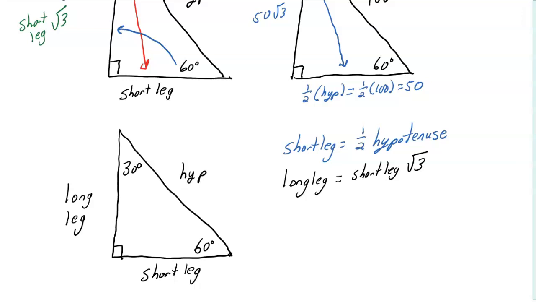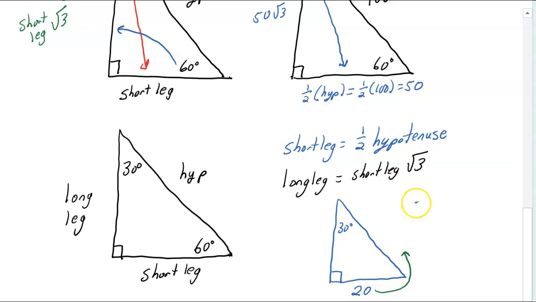Some people will also say, well, what if I was given the short leg? So if I tell you that the short leg is 20, some people will say, well, how do you get the hypotenuse? Well, that's the reverse. So 2 times the short leg is equal to the hypotenuse.